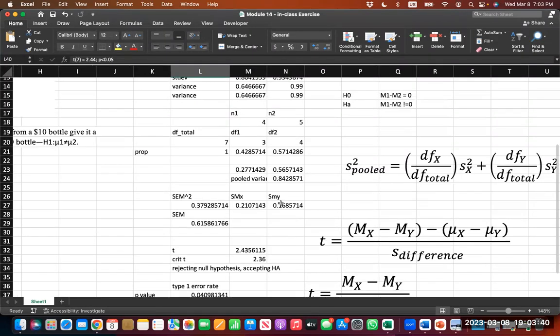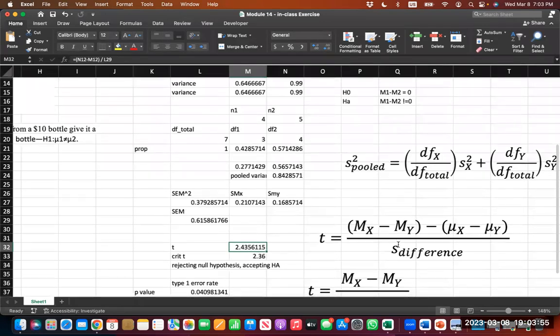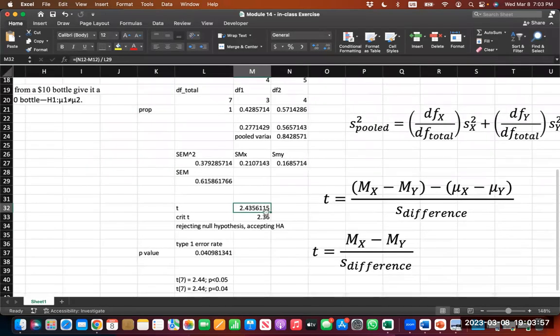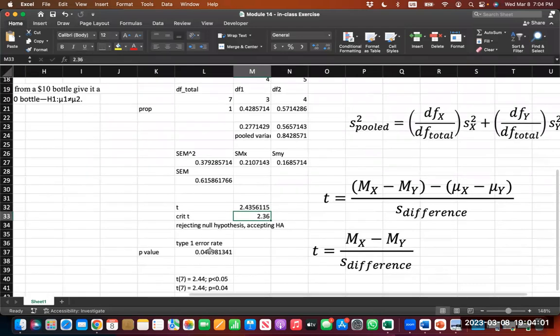From the pooled variance, you get the standard error of the mean for each distribution. You pool the standard error of the mean, and you utilize it to calculate your t based on this equation here on the right. You determine your critical t, and you get to your actual p-value estimate, and whether it's smaller than 5% or not. And this is the way you would report it.